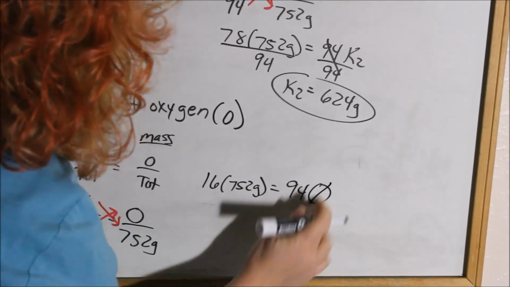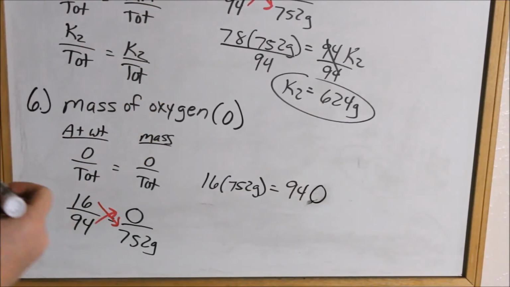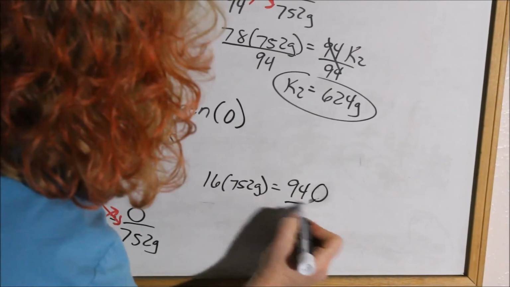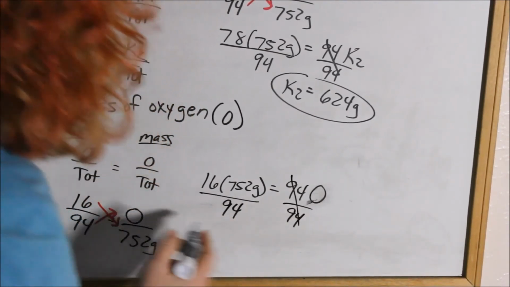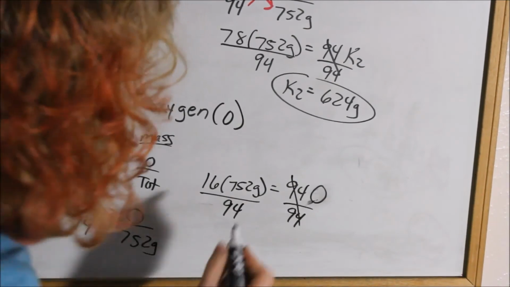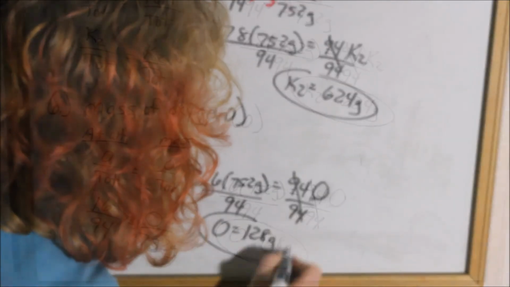Since it doesn't have a line through it, it's oxygen. So we divide both sides by 94 to find out that oxygen is 128 grams.